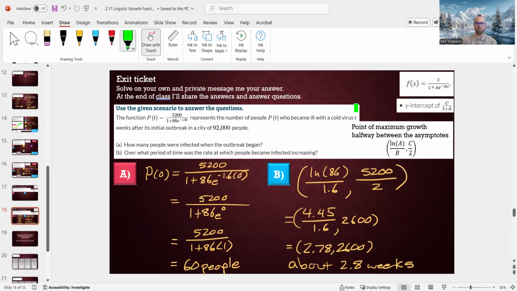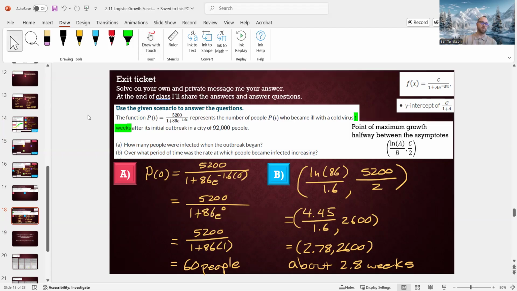And for these functions, the variable is always the time. Because you want to find out how much growth happened after this much time. So we plug in 0. And again, you get that e to the 0, you get that notorious 1, add, divide, you find out there were actually 60 people infected when the outbreak began.